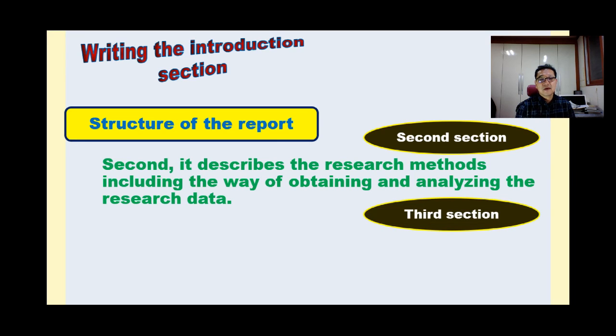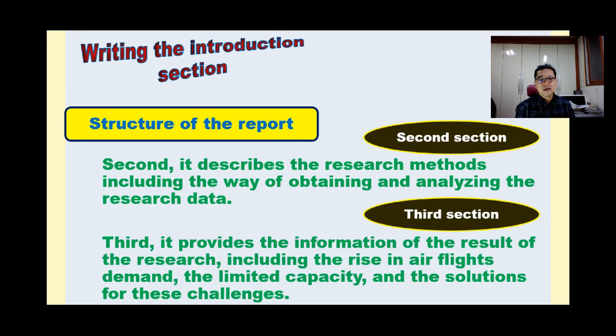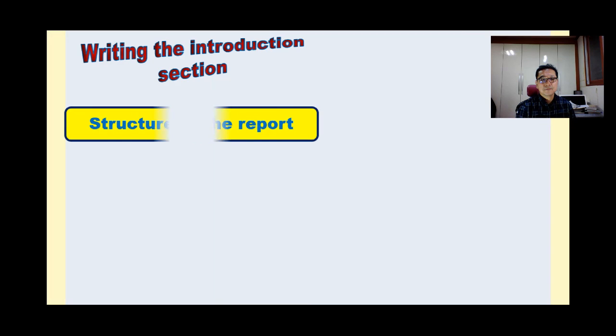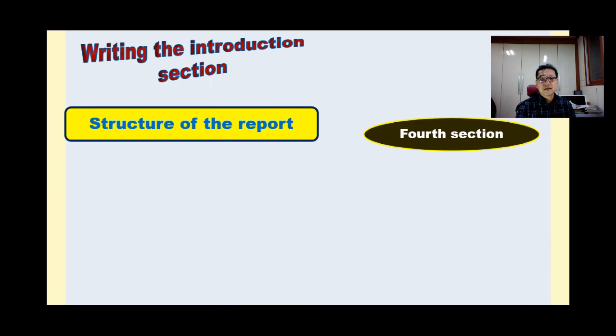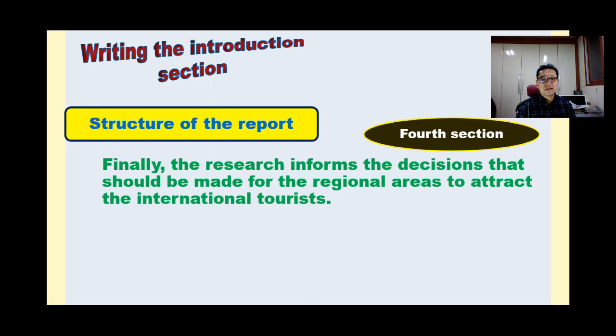Next step is third section. Third, it provides information on the results of the research, including the rise in air flight demand, the limited capacity, and the solutions for these challenges. The last step of the structure of the report is fourth section. Finally, the research informs the decisions that should be made for the regional areas to attract international tourists.